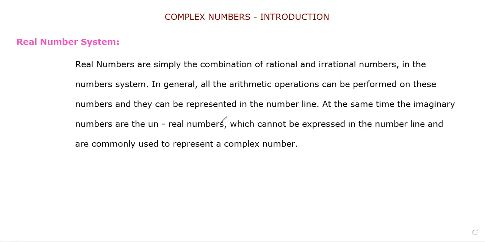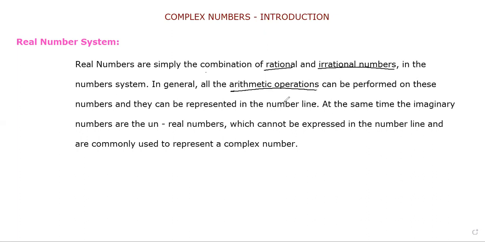Here we observe the words: the combination of rational and irrational numbers. So we learn about what is a rational number and what is an irrational number in the number system. And next, all the arithmetic operations.